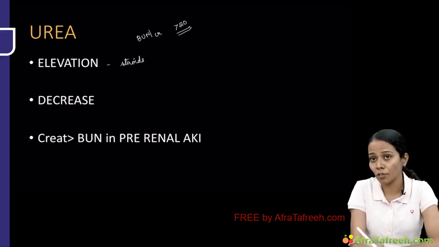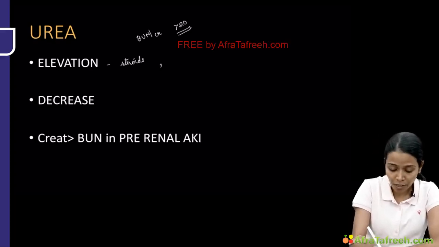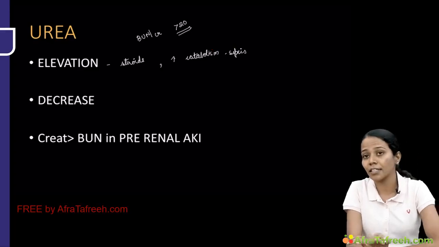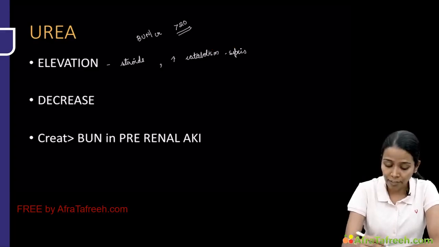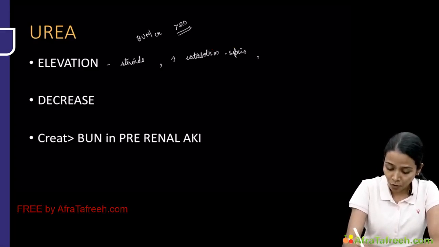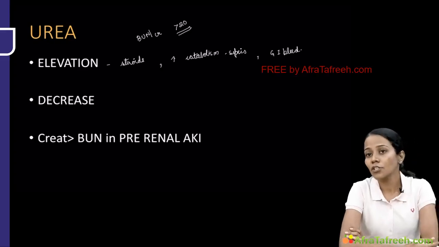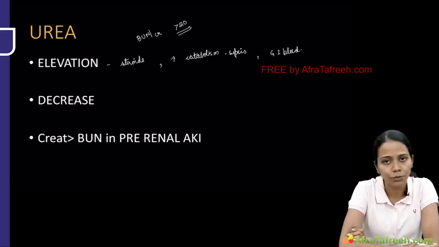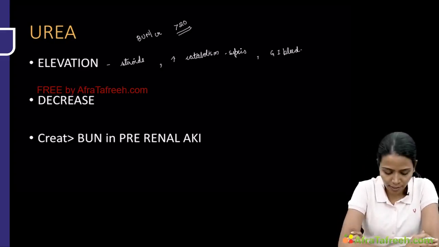Okay, when patient is on steroid because there is impaired anabolism or there is excessive catabolism like in sepsis. Okay, even in this condition, patient will have increased urea, or if there is a GI bleed. Okay, so in all these situations, you are going to see urea which is elevated. So isolated urea elevation, think about all these conditions.